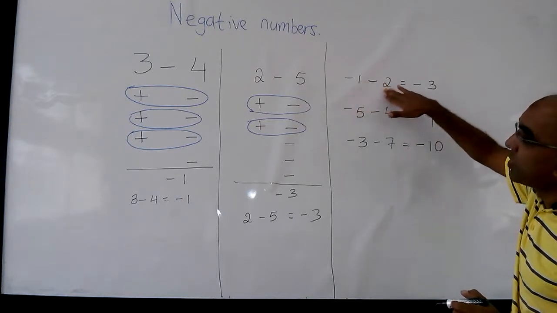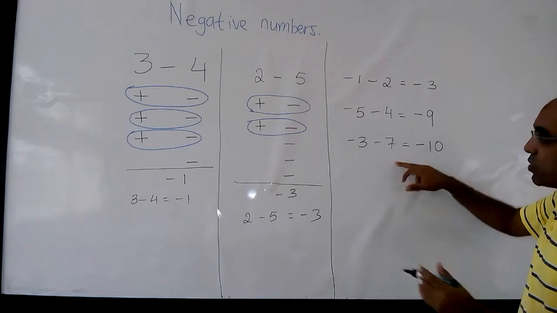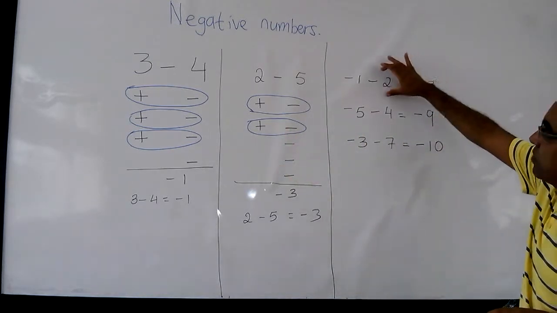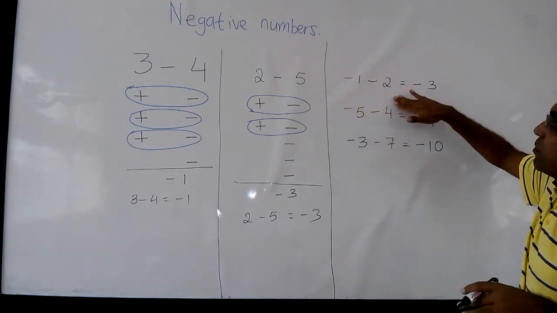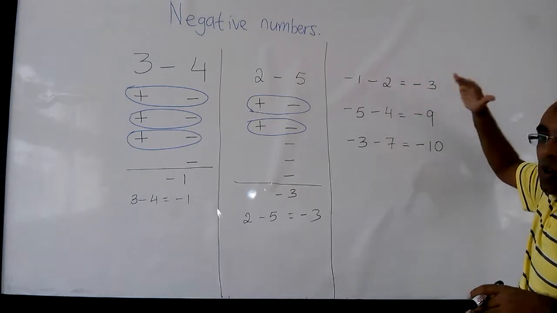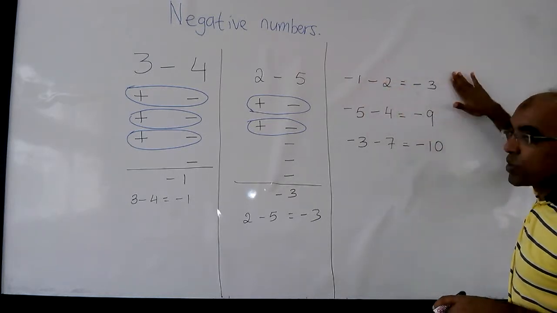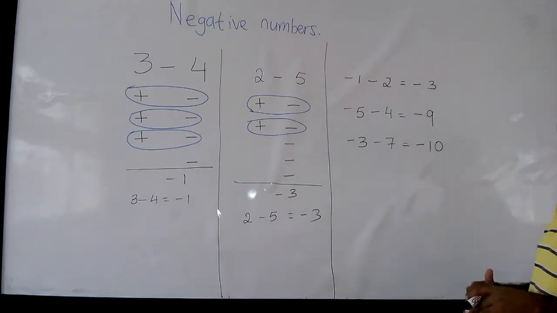We have two negative numbers, two negative numbers, two negative numbers. So this is completely different from the previous one. When we have two negative numbers, just think of you borrowed 1, you borrowed 2. So in total you borrowed 3. So you owe your friend $3 and so on.